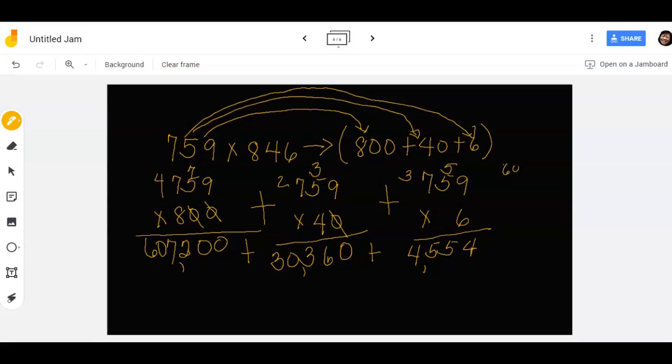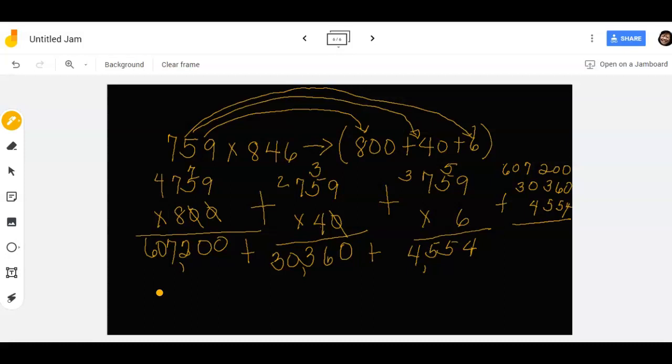So 607,200, 30,360, and 4,554. I almost ran out of space on this one here.